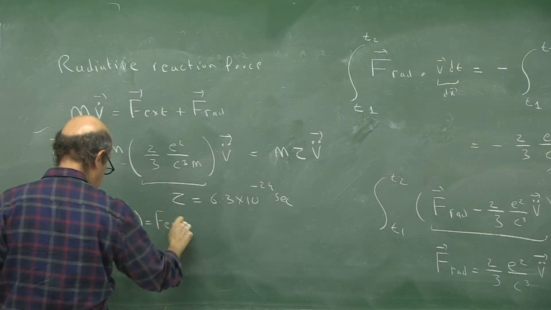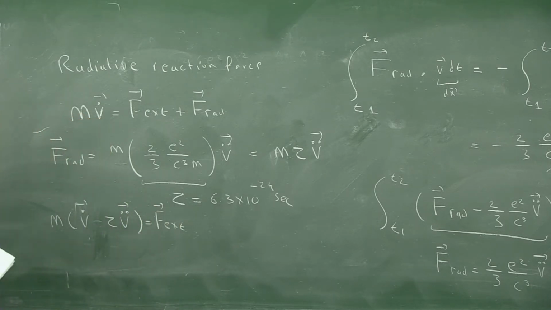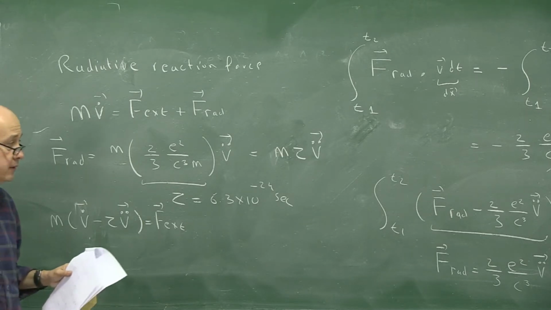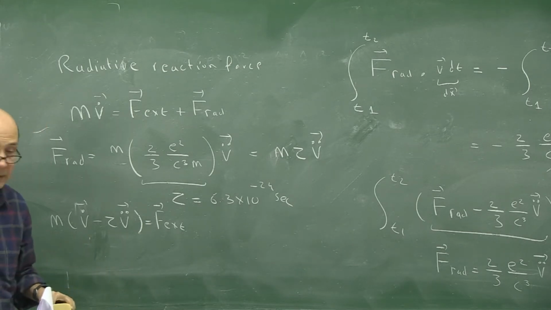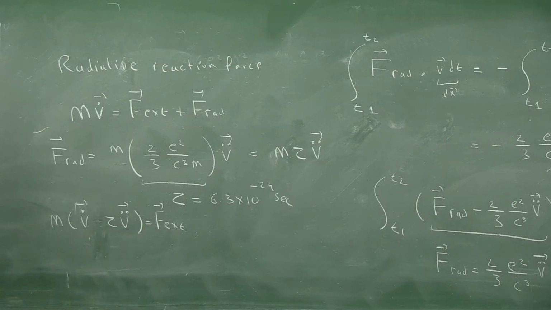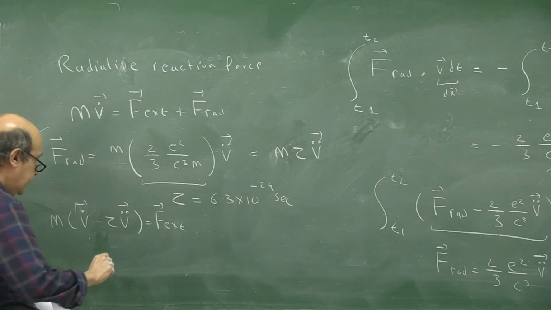So this is a modification of Newton's law. Basically, the situation is the following. I will do an example, but before going to do that, there is one unlikely thing here.